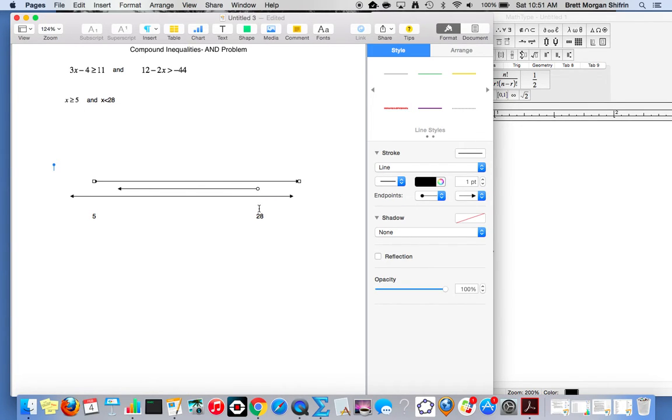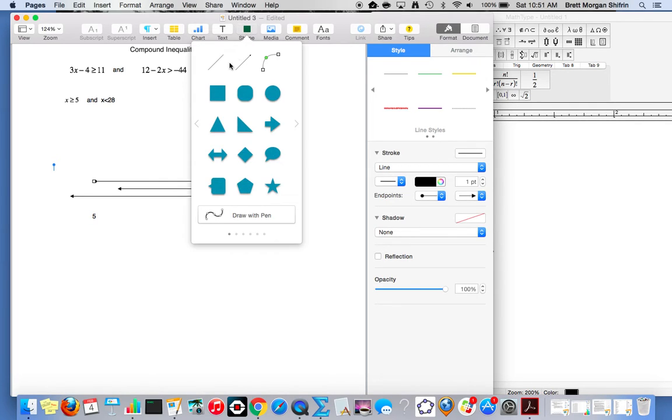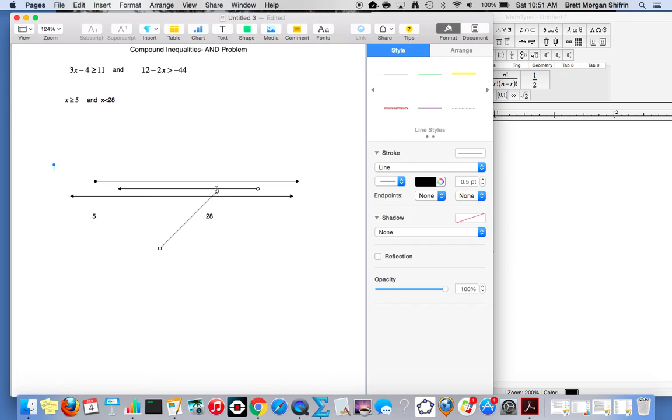So what is included in my inequality would be this region between the two bounds. I know that on the left side I am including 5, and on the right side I am not including the upper bound. And I'm going to make this a little darker and put this right on my number line.